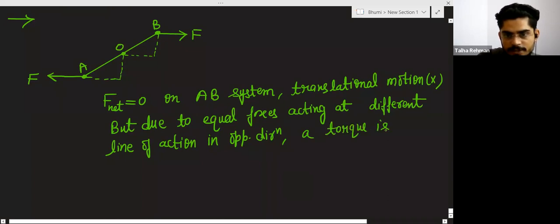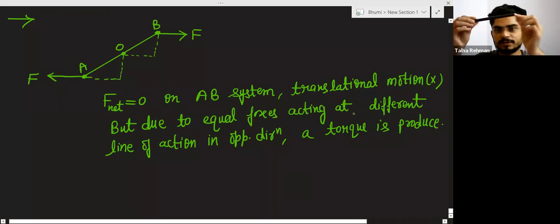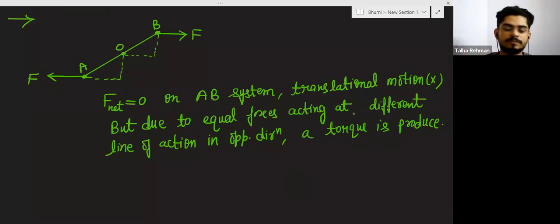A torque is produced. Torque means the system will try to rotate like this.